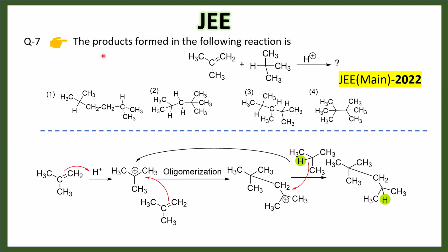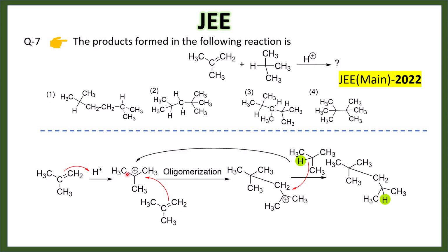Now question number 7, the product formed in the following reaction is, isoprene plus isobutane in presence of acidic conditions. What are the product options given? Let's do that. Protonation happens to the olefin and gives the stable carbocation, and then another unit of isoprene adds to that. So this is an oligomerization reaction, giving this carbocation.